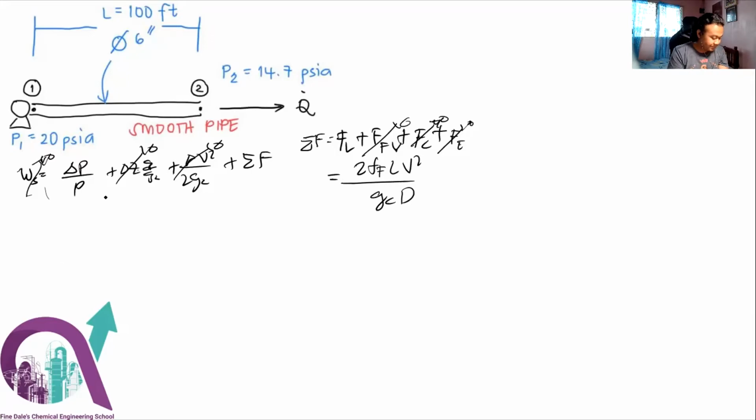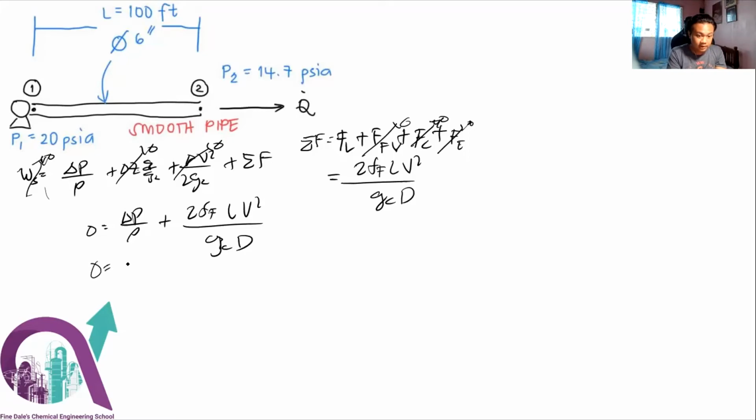We are now left with delta P over rho equals 2 f L V squared over gc D. Let's plug in what we know.